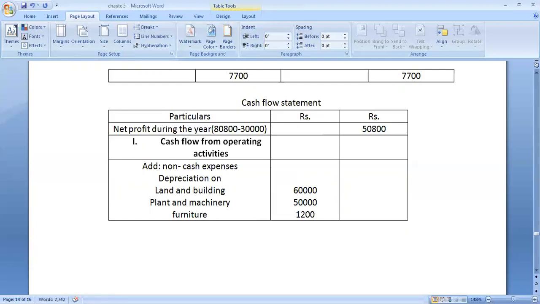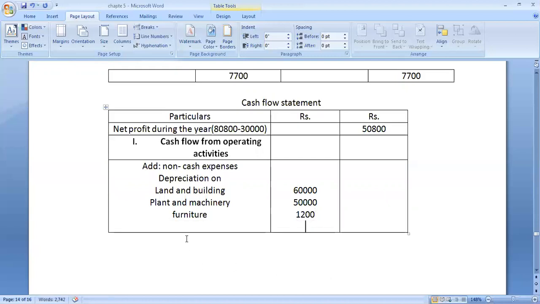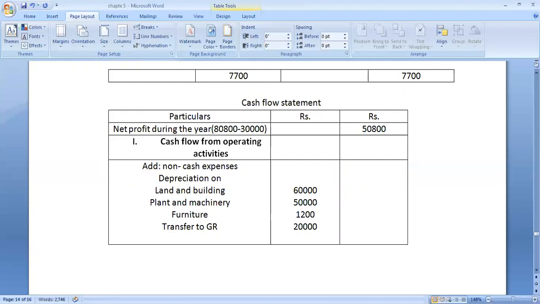Okay. So now look at the balance sheet. If at all you have any non-cash expenses, take that into consideration. There is a transfer to general reserve. So what is the value? Take the difference. It is 20,000.